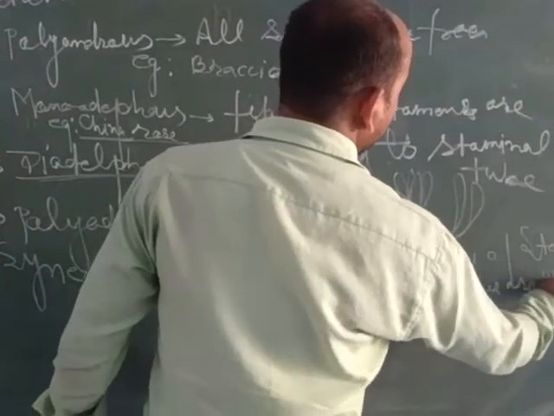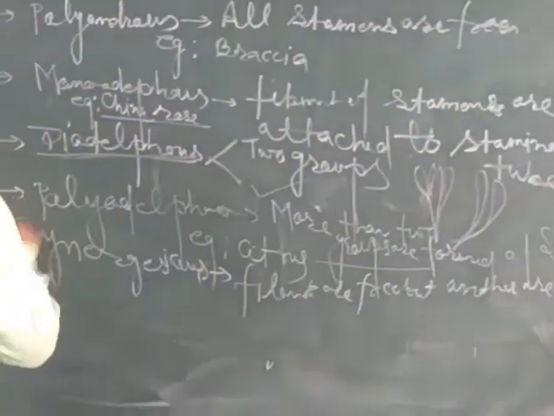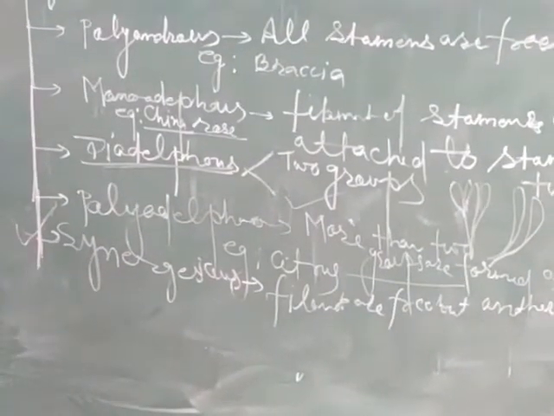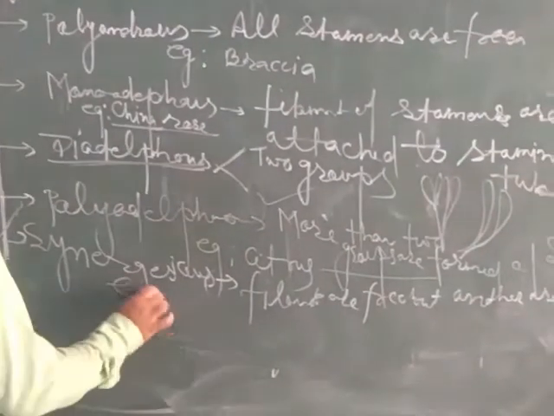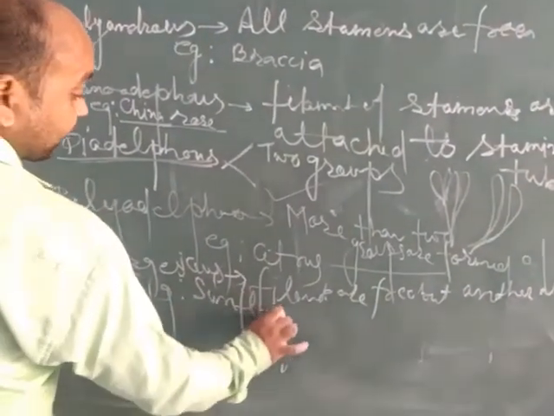Anthers are united. This situation is called syngenesious situation. We can see this example in sunflower. Sunflower gives such a type of condition.